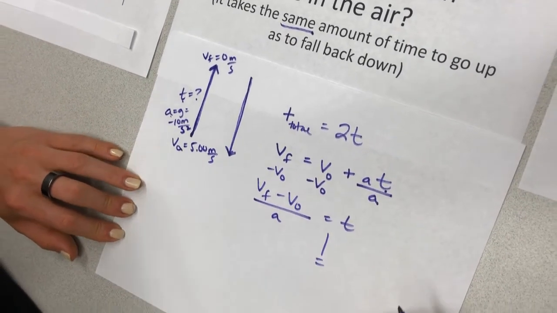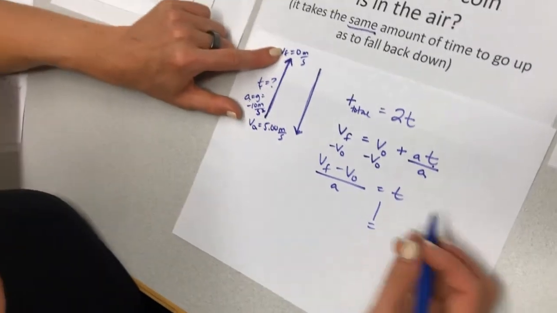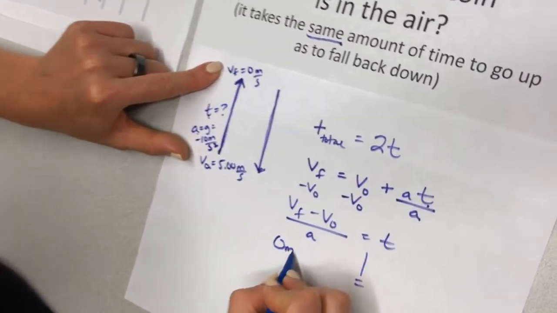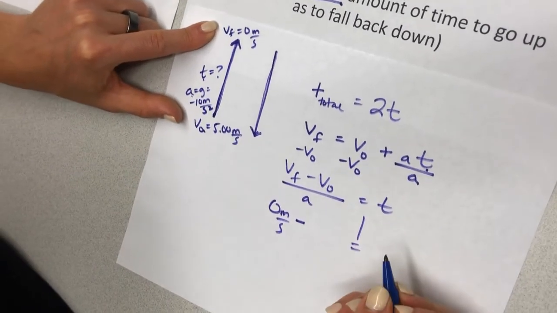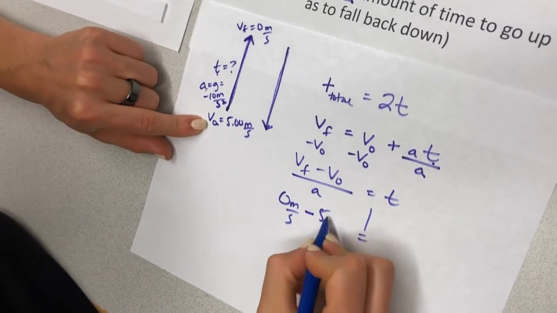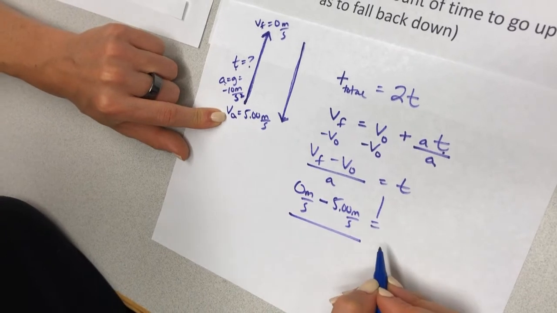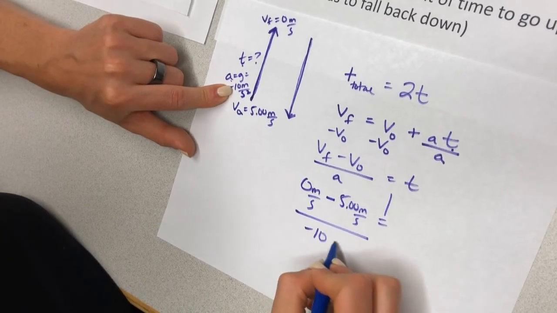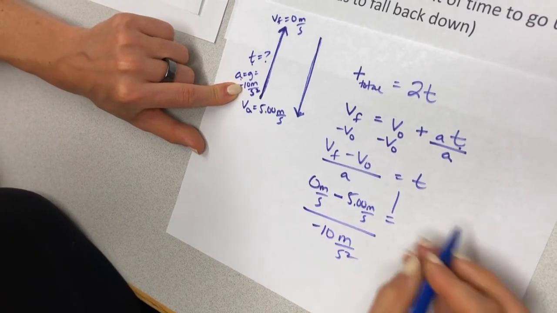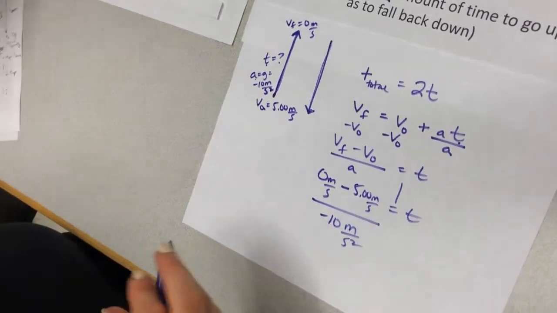I'm going to go ahead and plug in my numbers here. I know my final velocity is 0 meters per second, and my initial velocity is 5 meters per second. And I want to divide this by my acceleration due to gravity. That will give me my time. I'm going to go ahead and plug that into my calculator.